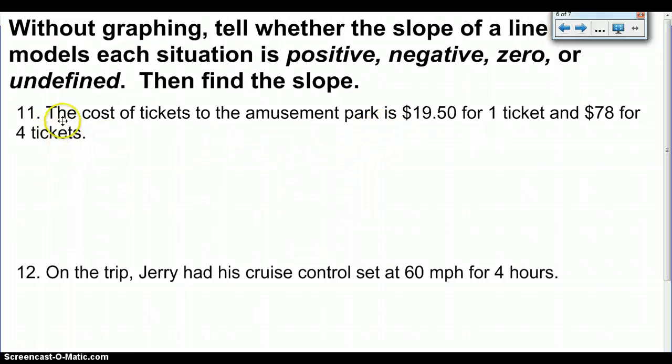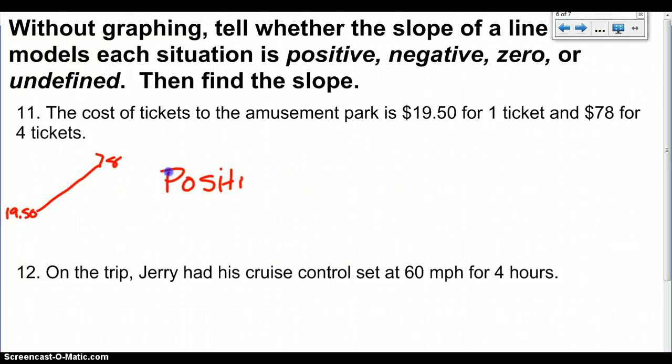So for number 11, the cost of tickets to the amusement park is $19.50 for one ticket and $78 for 4 tickets. So when you have one ticket, it's going to be 19.50, and then it's going to go up to 78. So we have a positive slope.